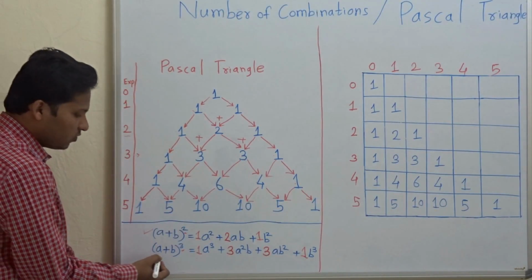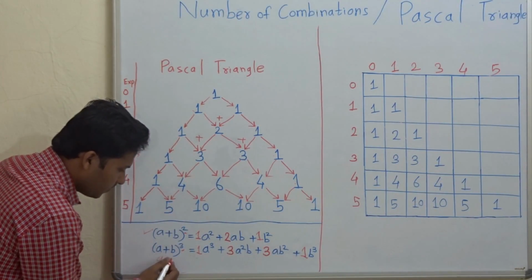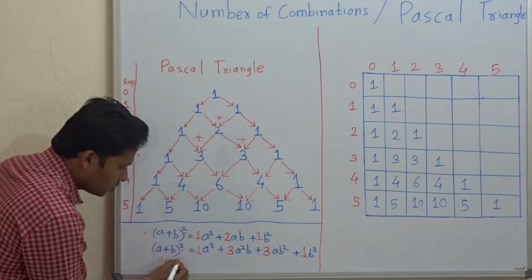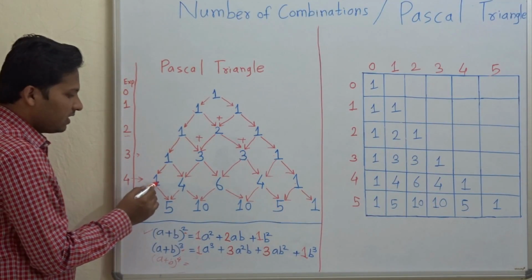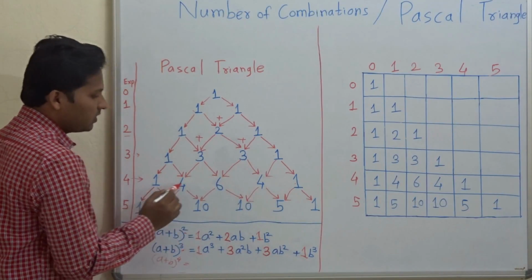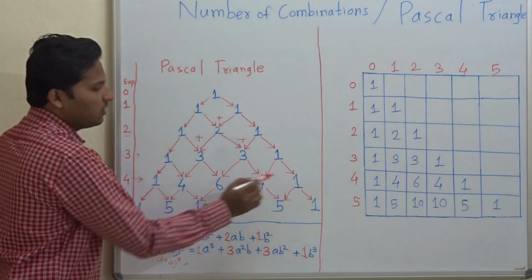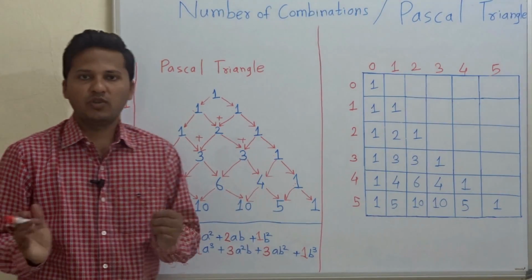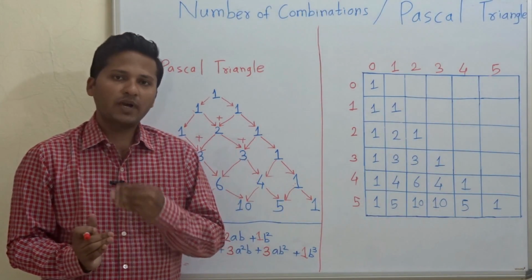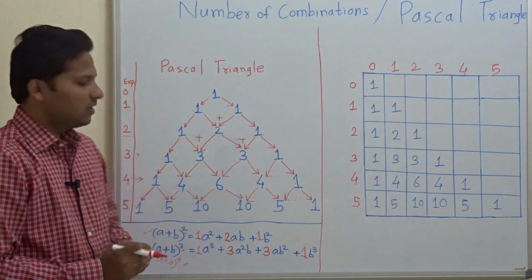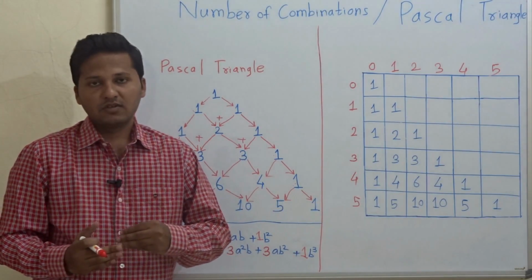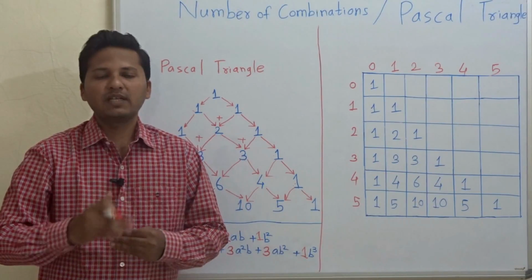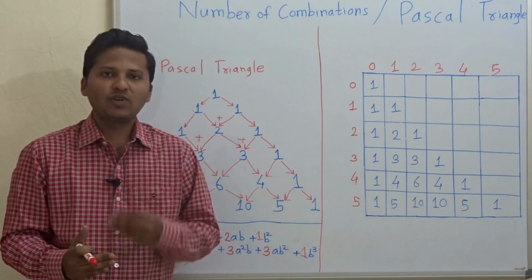So if you want to write A plus B raised to 4, then you can go on the fourth line and take these coefficients 1, 4, 6, 4, 1, and you can write the formula. So this is how Pascal triangle works, and the binomial coefficients are the use of Pascal triangle. Means Pascal triangle can be used to write those formulae.